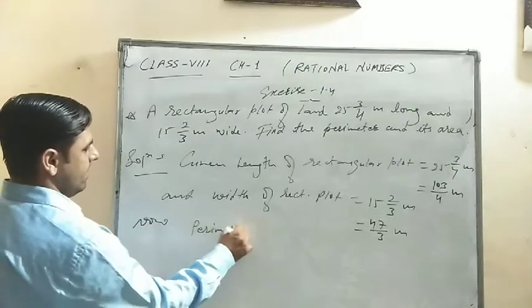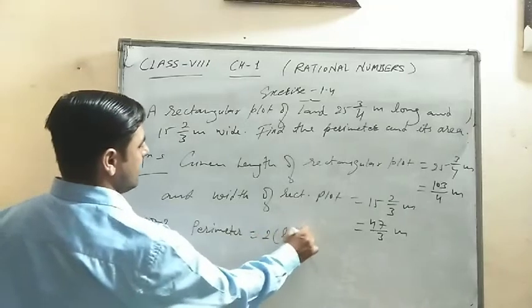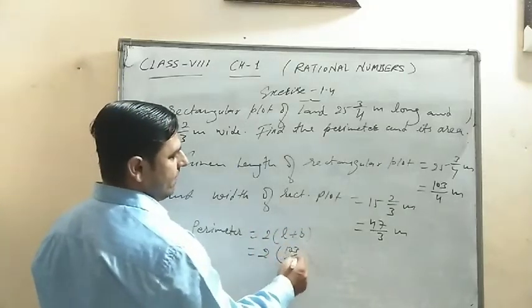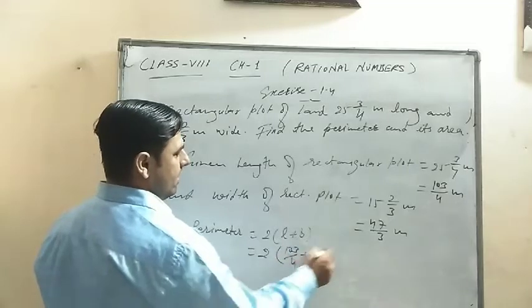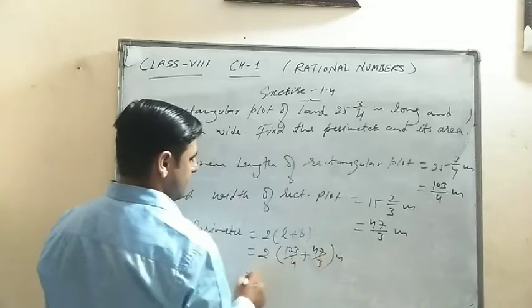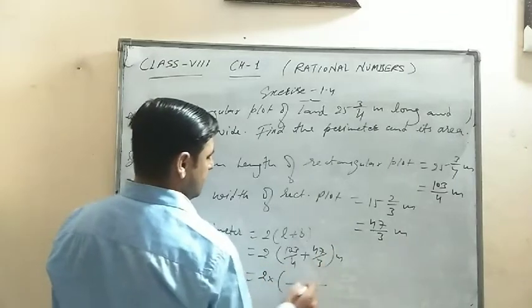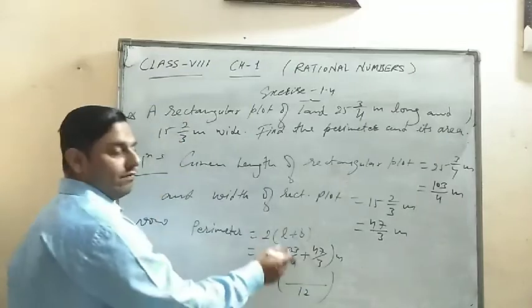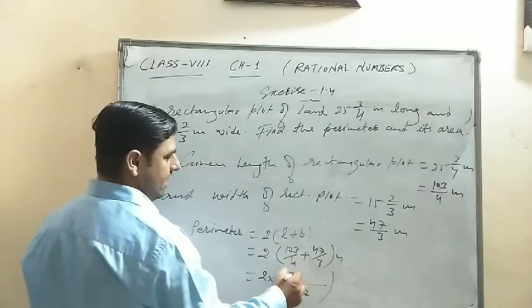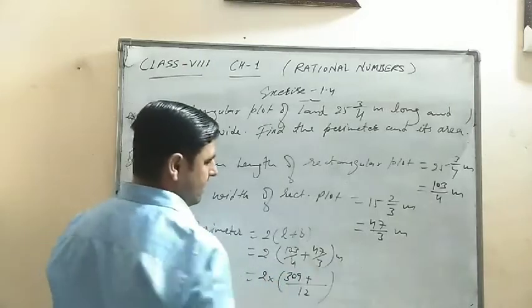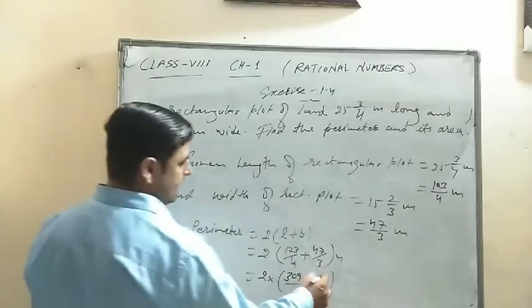the perimeter is 2 into L plus B. So L is 103 by 4 and B is 47 by 3. So now we will take LCM as 12. 12 by 4 is 3, 3 3 is 9, 3 1 is 3. Then 12 by 3 is 4, 4 7 is 28.